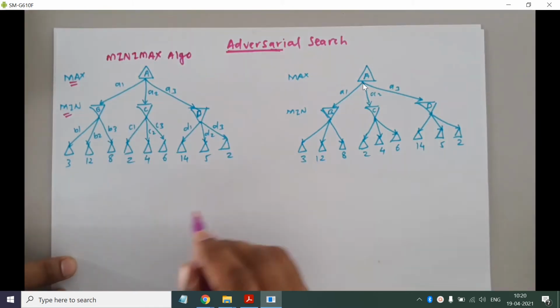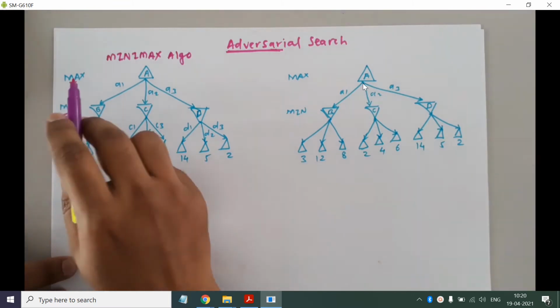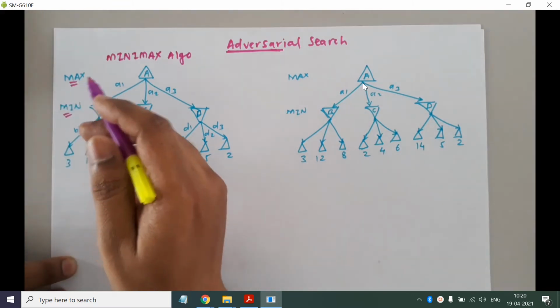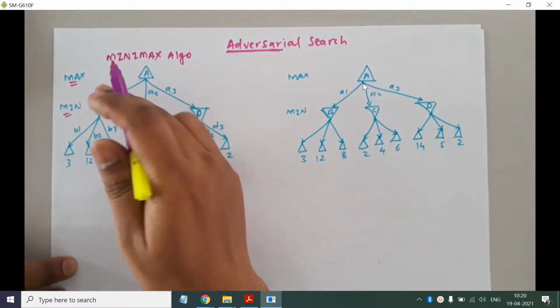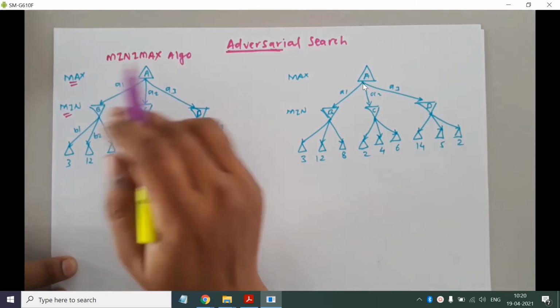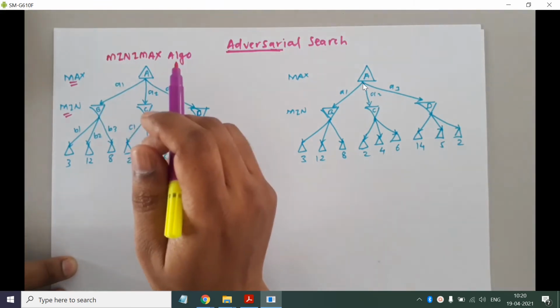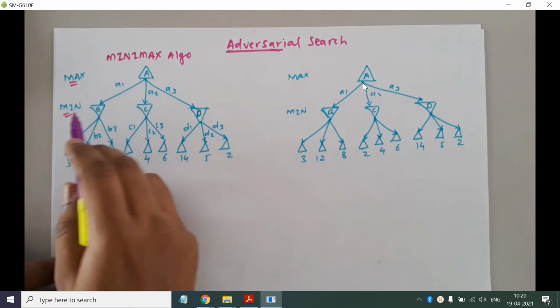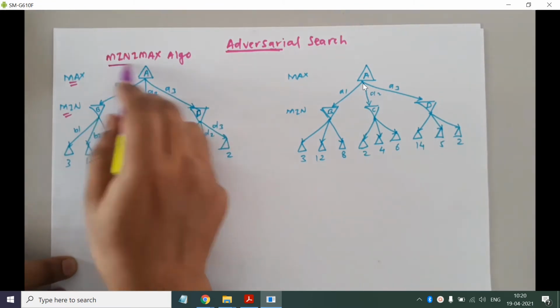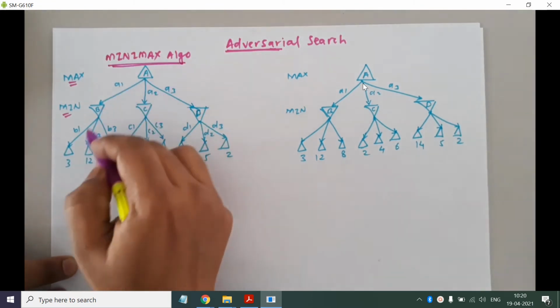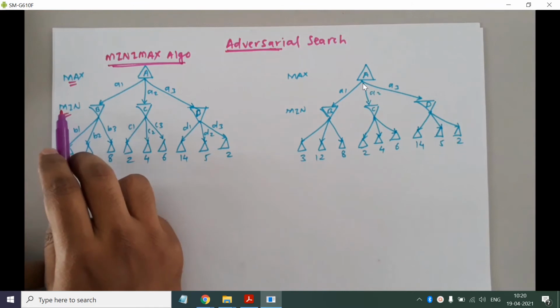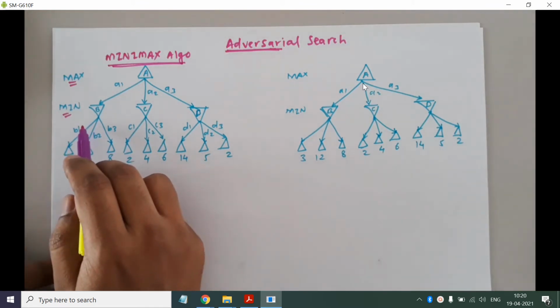Based on the player, we have either max of minimax value of child or min of minimax value of child, right? So here it travels in a DFS manner, so we'll go to this branch, and here the player is min. So here we take a minimum of minimax values of its children.